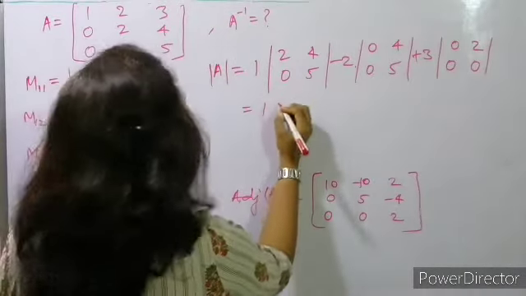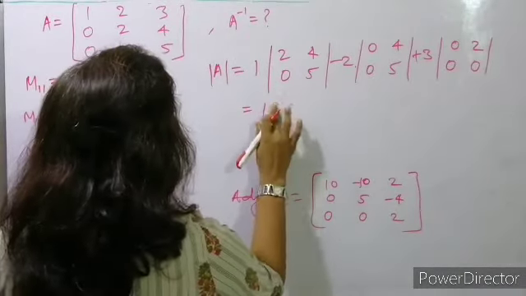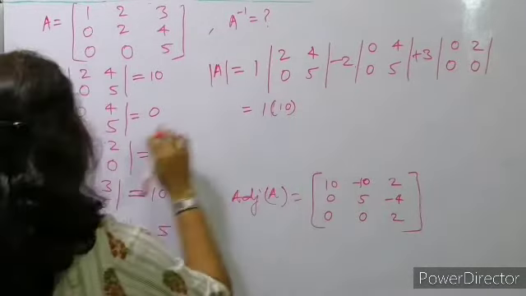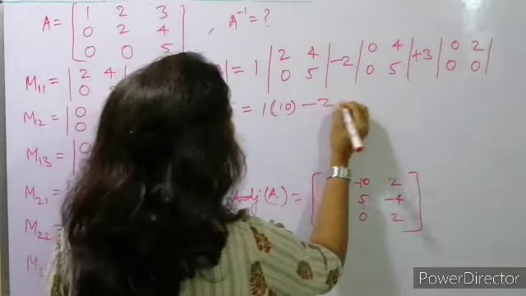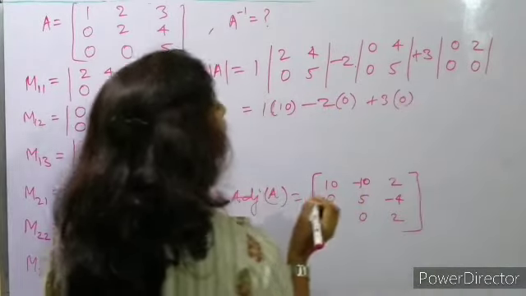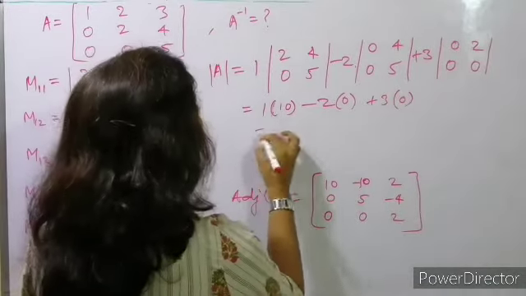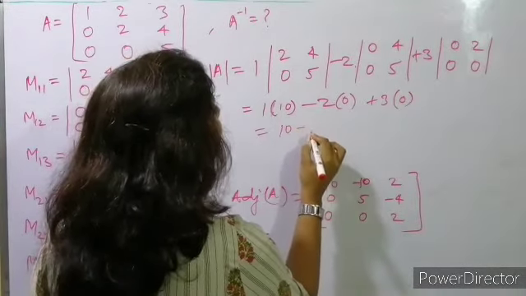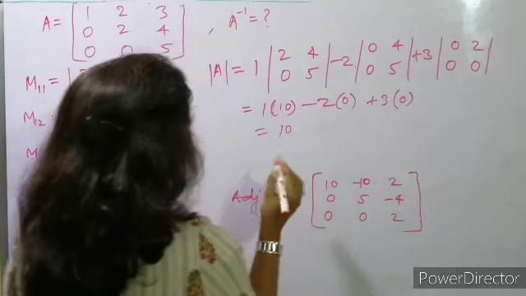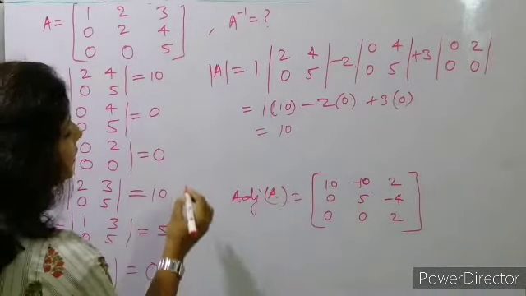Now 1 into 10, the value is 10. The value of M12 is 0, so minus 2 into 0, and plus 3 into 0. So it will be 10 minus 0 plus 0, so 10. So the determinant value is 10.